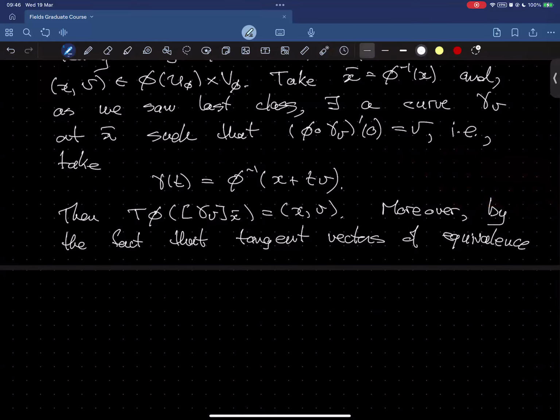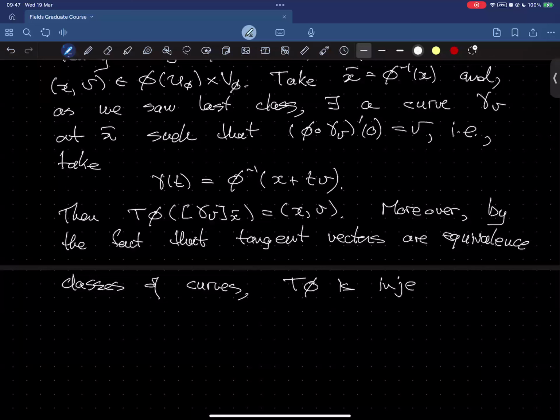Okay, T phi is injective. And that shows that the thing we're looking at is a chart.